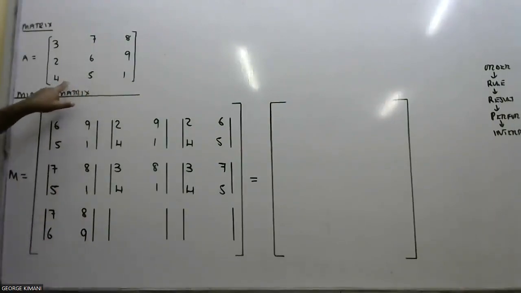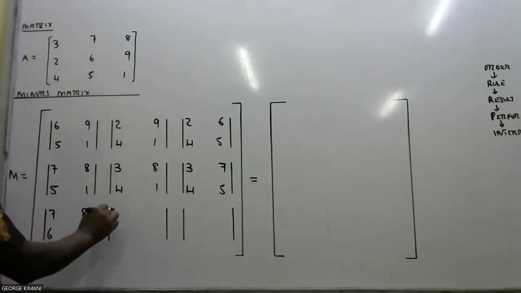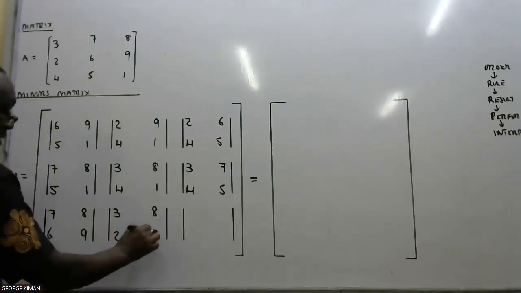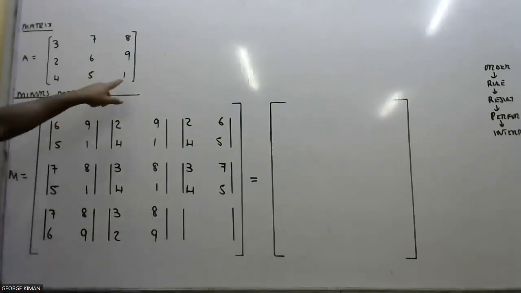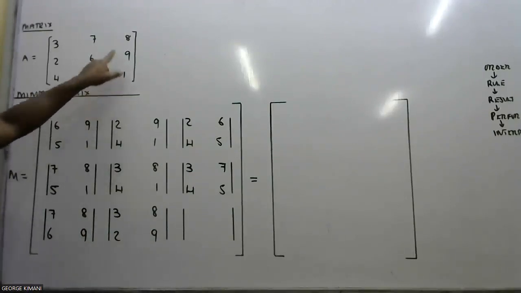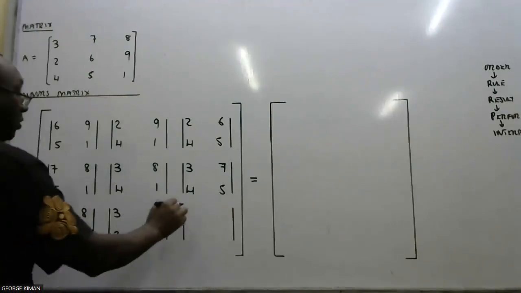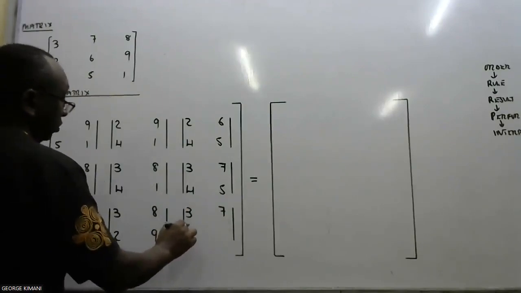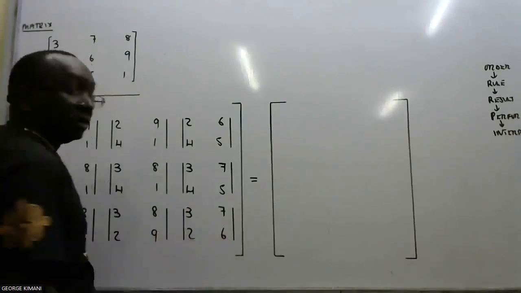When you get here, you drop the third row, second column, so that you are left with what? 3, 8, 2, 9. When you get here, you drop the third row, third column, to be left with what? 3, 7, 2, 6.